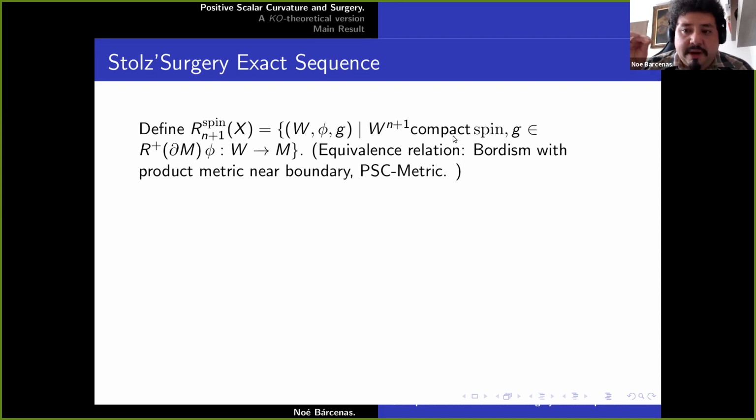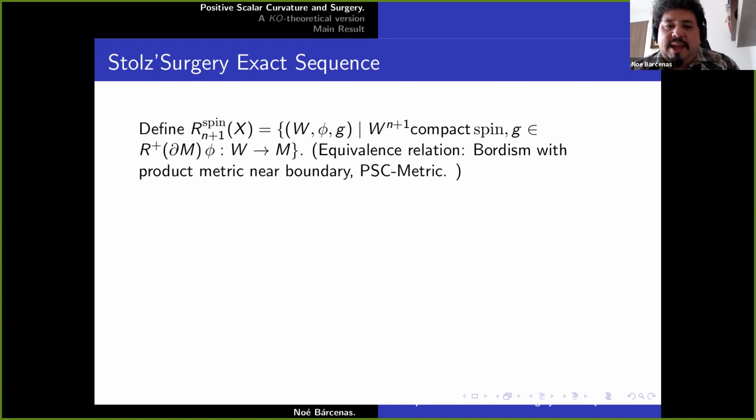Now I assume that this is a spin manifold. I have a metric of positive scalar curvature on the boundary, and I have a continuous function from this spin manifold. And now the equivalence relation is a bit more complicated. So now we consider Bordism, but this Bordism has an assumption about the metric.